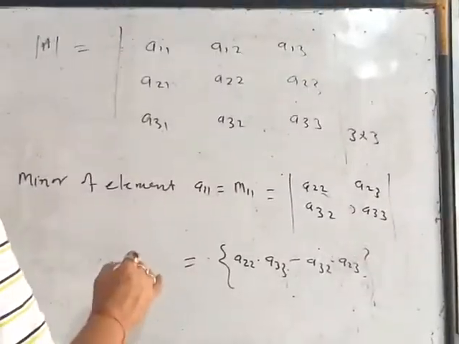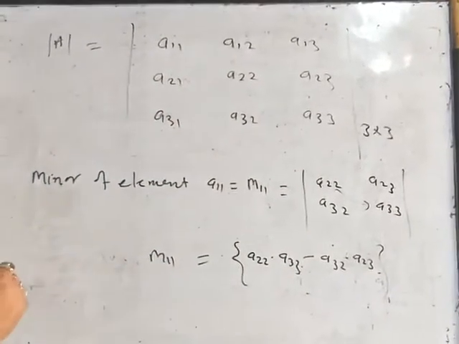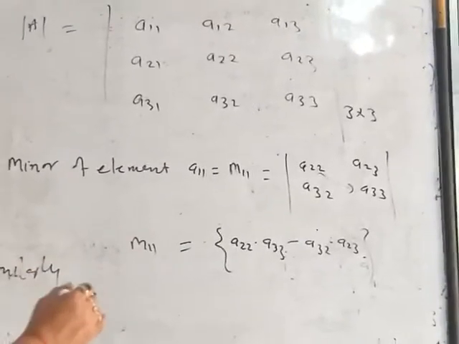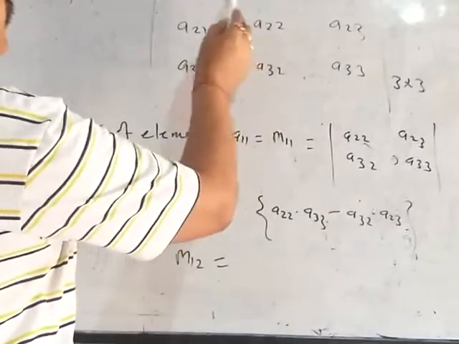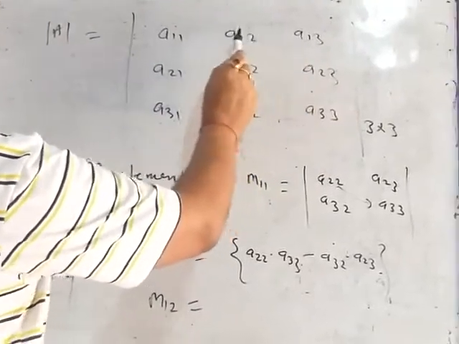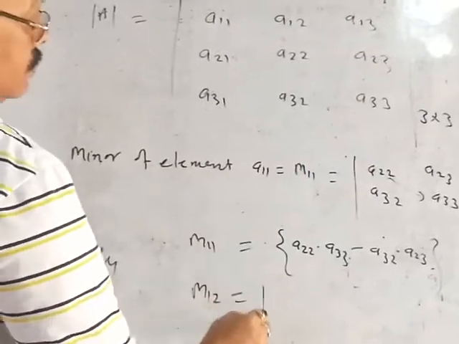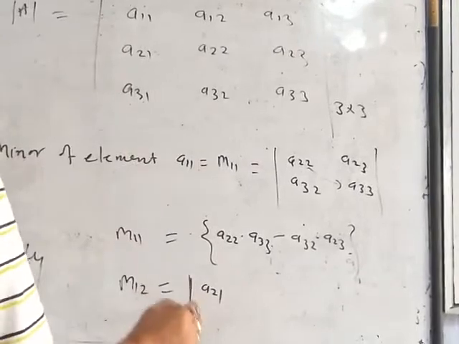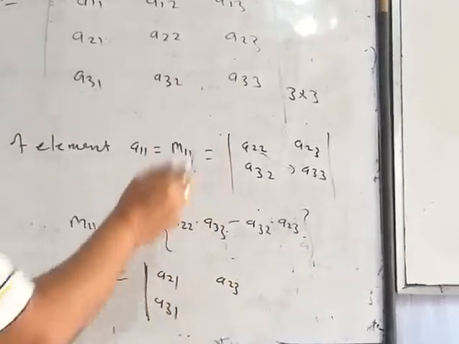So this is M11, the minor of a11. Similarly, for M12: a12 lies in the first row and second column, so you delete this row and this column. So we have a21, a31, a23 and a33.